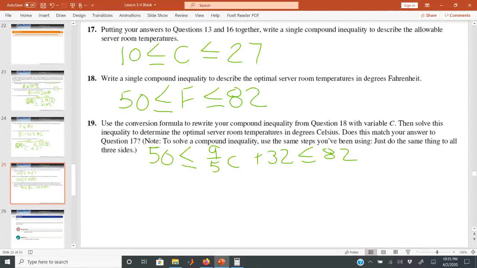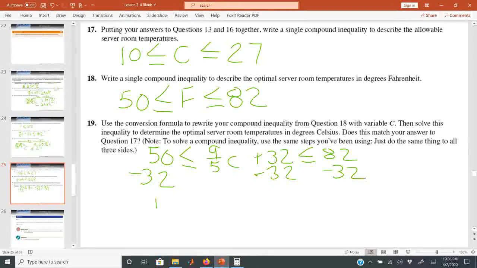To get C by itself, the first thing I have to do is subtract the 32. But if I do that, I have to subtract it from this side of the inequality. So I've got two inequalities working here in one thing. I'm also going to have to subtract it from this side of the right inequality.